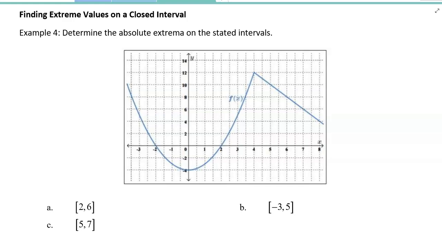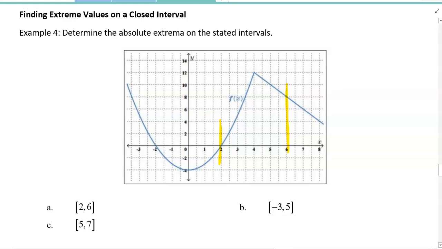We want to find the absolute extrema on the stated interval. First, we'll start with 2 through 6. X equals 2 is right here. X equals 6 is right here. We want to find the absolute min and the absolute max.